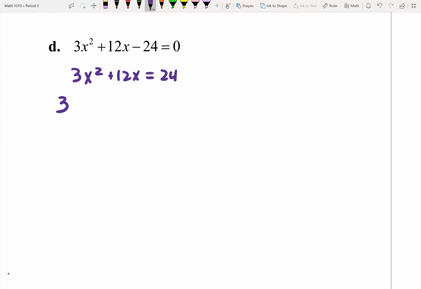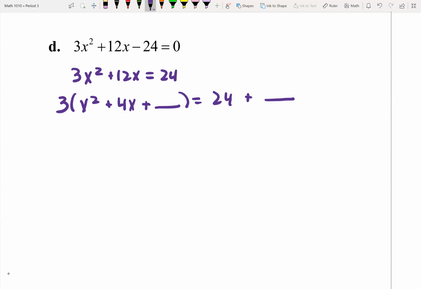Okay, so do the 3, and you're left with x to the second plus 4x plus blank equals 24 plus blank. Jackson, what do we do now, bud? Divide the 4. Good.